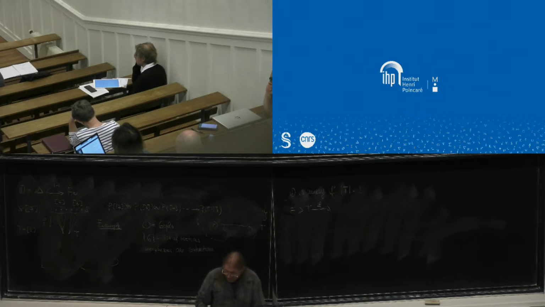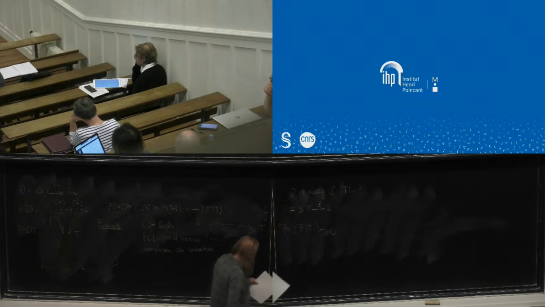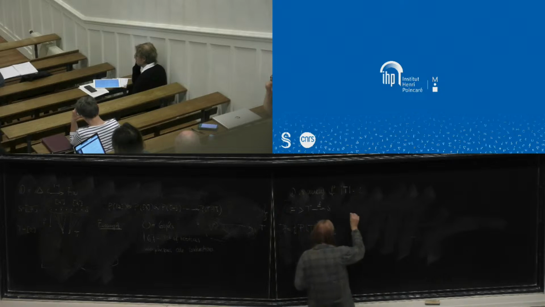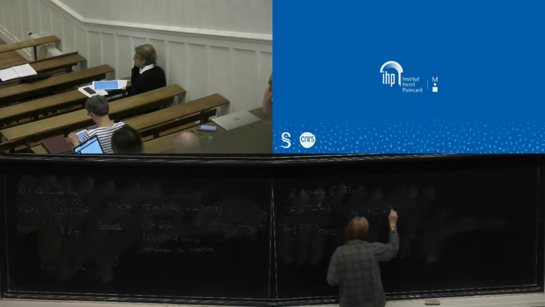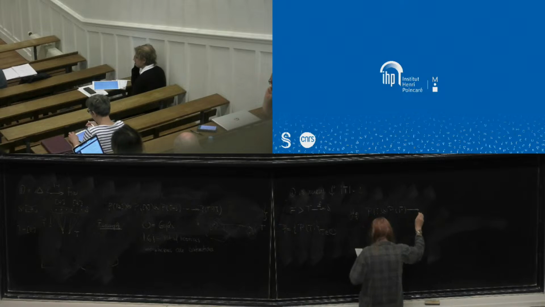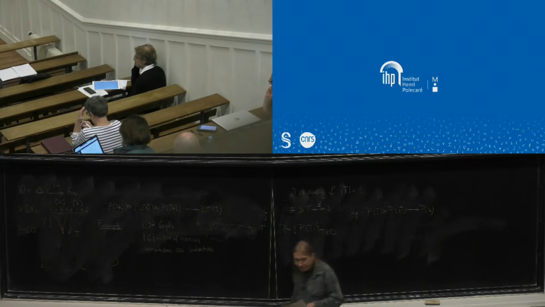What are operads? Operads are, as before, a collection indexed by objects of O, and structure operations are gamma F going from PT times PF into PS. Something very simple.